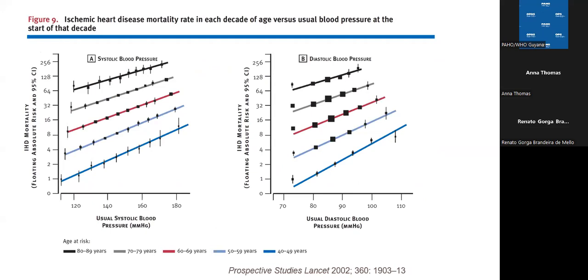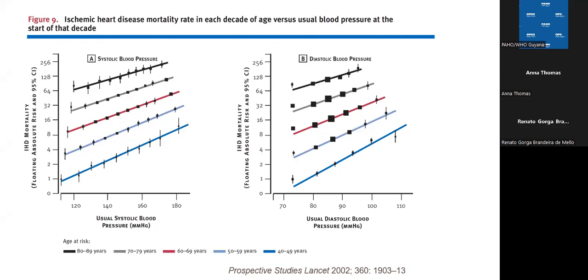Several studies kept showing that both systolic and diastolic blood pressure increases were associated with greater risk for cardiovascular mortality. A study published in the Lancet in 2002 comprised individual data from more than 1 million persons in the United States.